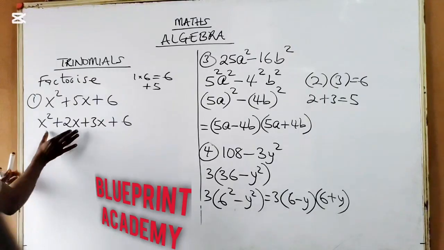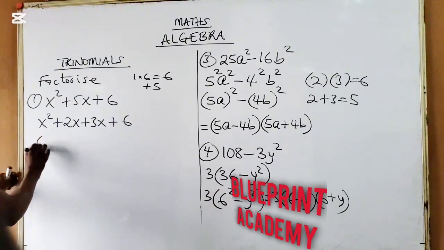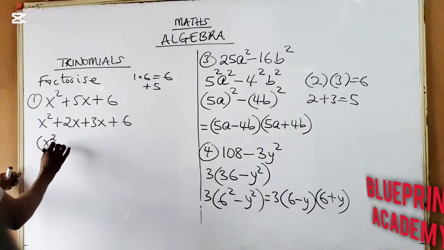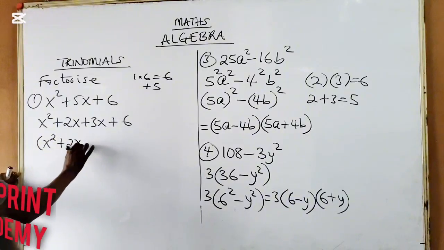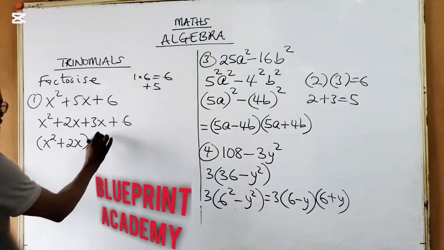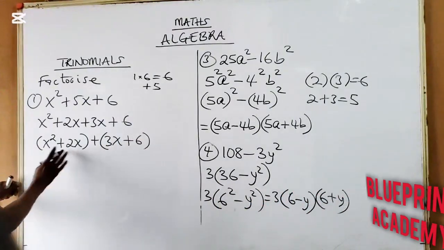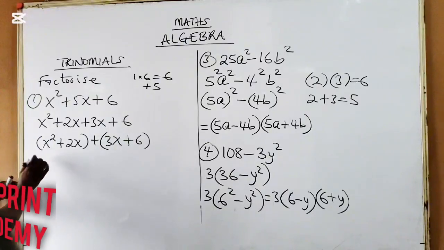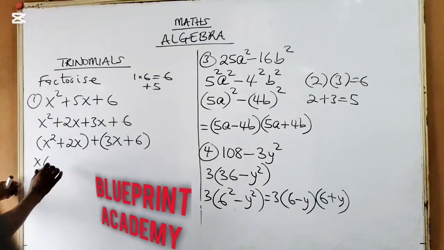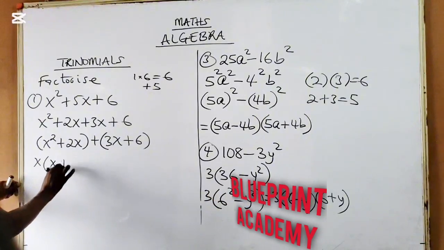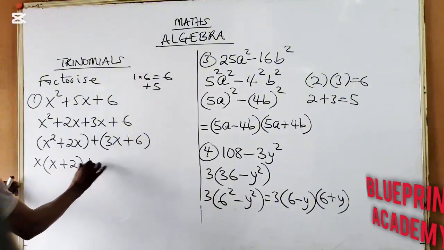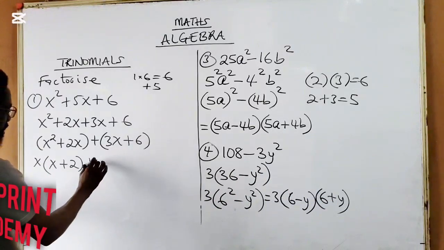So the next thing I'll do is to group this. If I group that now, I'll get x squared plus 2x, plus, then I have 3x plus 6. The common factor here is x. I bring out x as a common factor. Now I'll get x plus 2. The common factor here is 3.